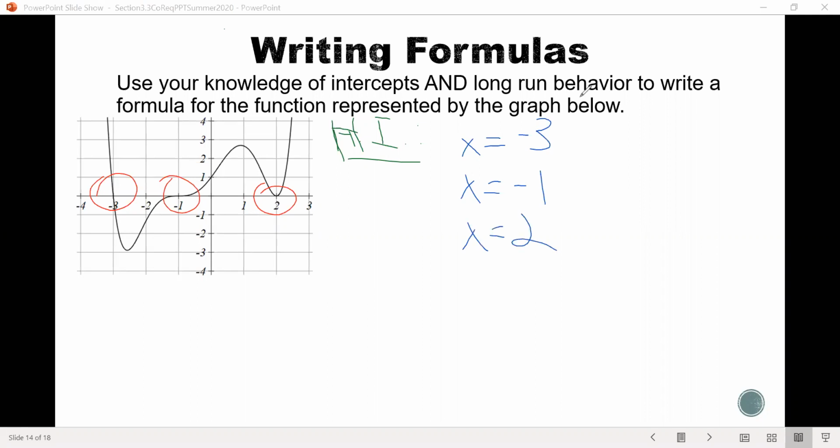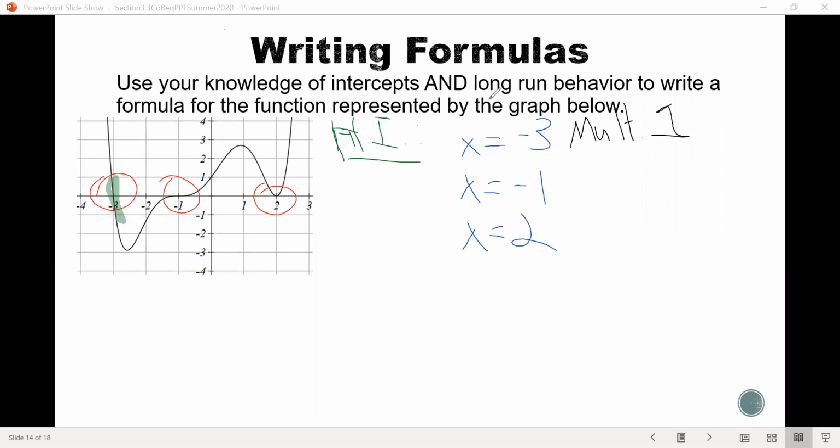Recall, we can figure out the multiplicities based on what happens as the graph passes through each point. For example, looking at -3, notice that the graph passes straight through it. So there we know that the multiplicity is 1.